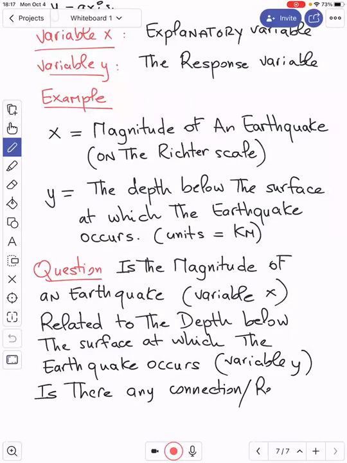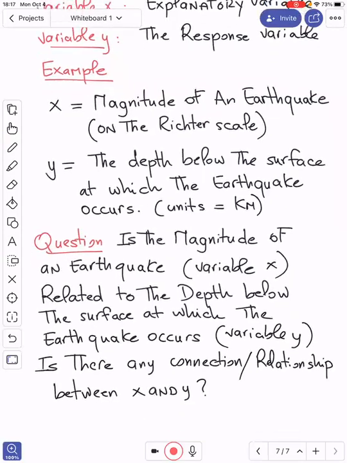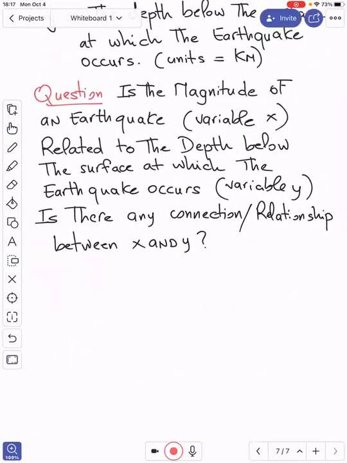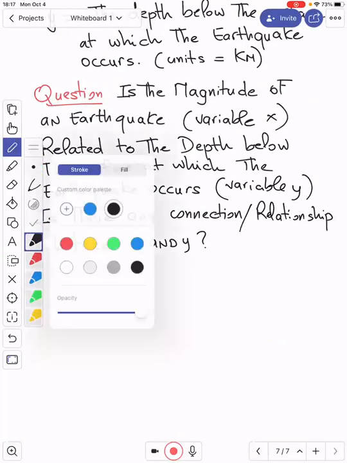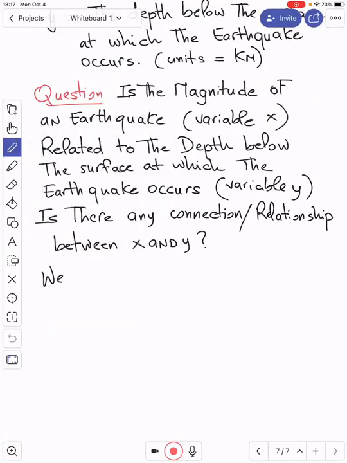Connection or relationship between x and y. So let's say we have the following data. As I said, we're gonna have two different variables, x and y.